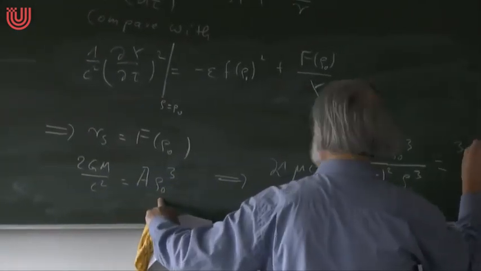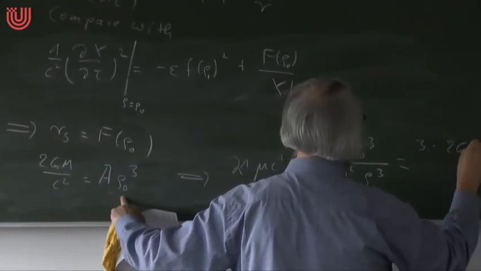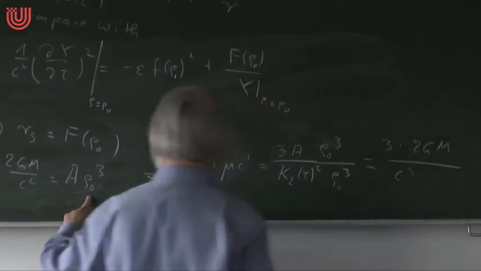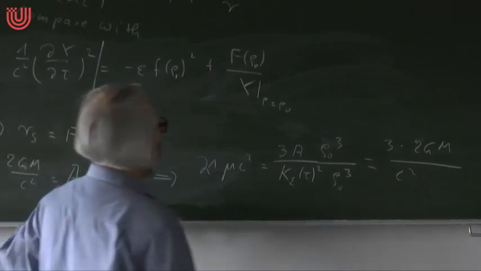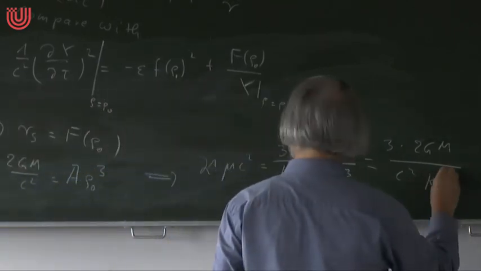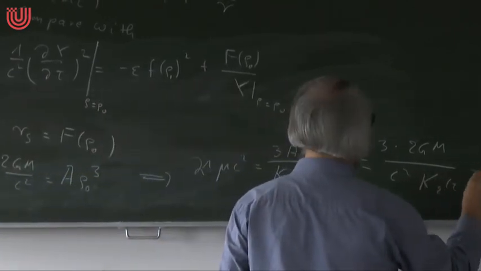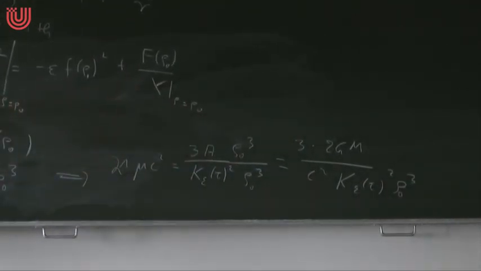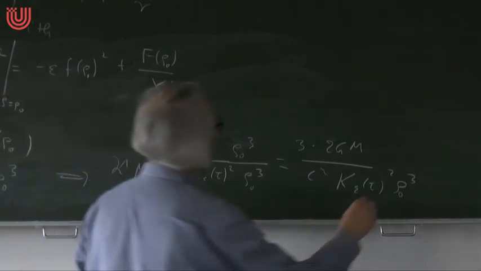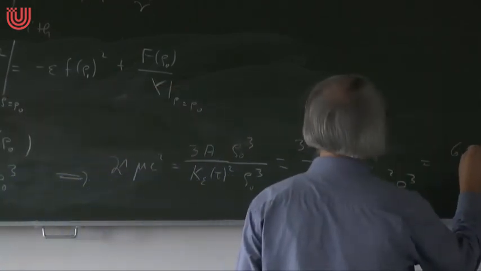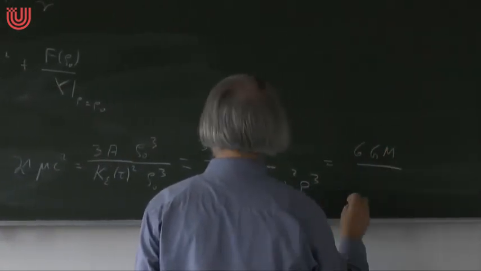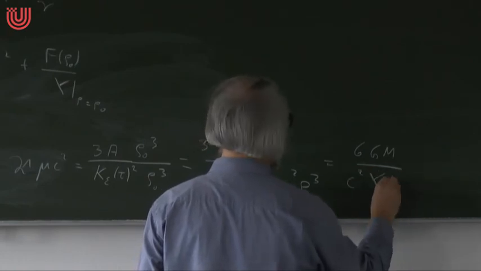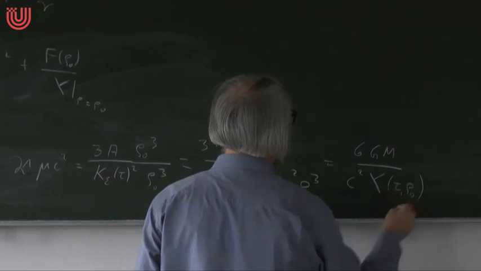So I have 3 times 2GM divided by c squared, and then I have k epsilon of tau squared rho naught cubed. And this is just my y, what I have here. So this is 6GM over c squared y at tau and rho naught.